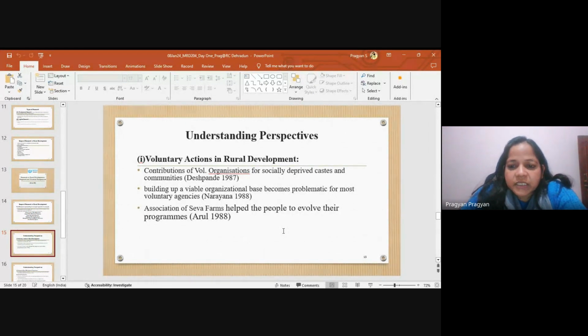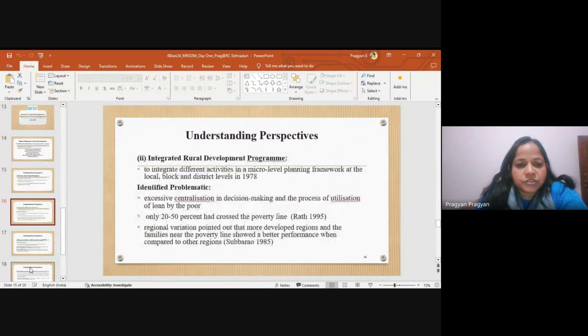Not very easy in the sense that you need a proper check on these organizational bases, because the whole purpose is to strengthen those communities rather than making those communities dependent on your organizational base all the time. And that is why association of seva farms help the people to evolve their programs. It is all there, but this was the beginning of those voluntary actions in India.